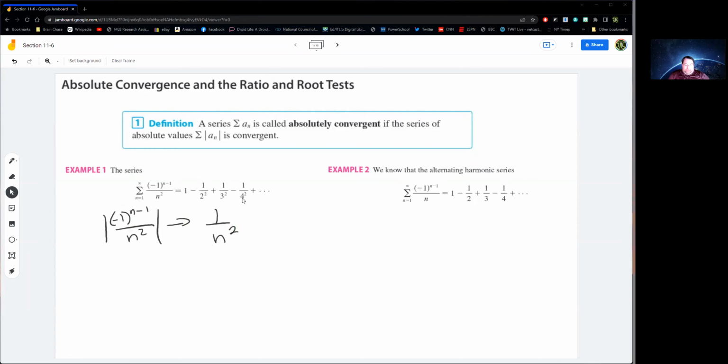Now, if I'm looking at that series of 1 over n squared, that by definition is a p series where p equals 2, which is greater than 1, so it's convergent. Which means this series is absolutely convergent.